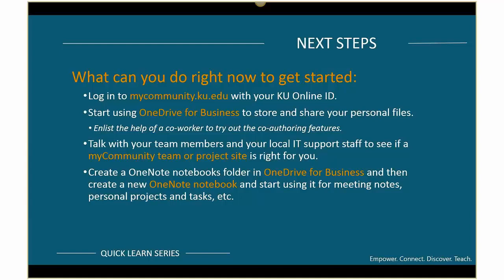If you're interested in those team or project sites that I mentioned, so places for you to collaborate as a department or as a project team, talk with your team members and also your local IT support staff to see if creating one of these sites is right for you and your use case.